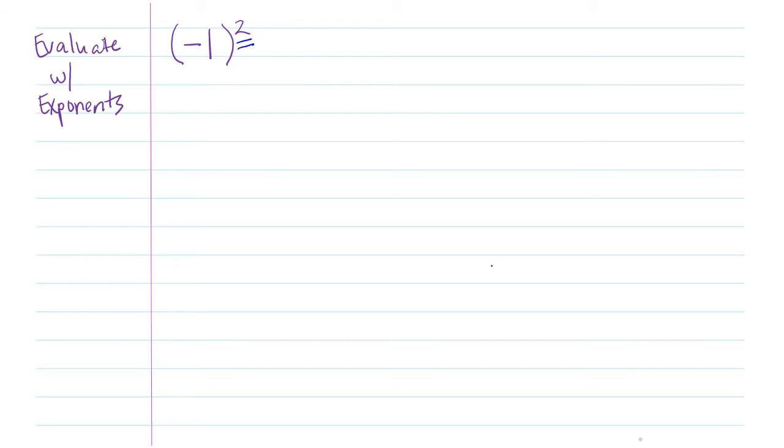What I will do is take negative 1 times negative 1. This is called expanding out. This means that I have two negative ones that I'm multiplying together. So I just expanded it out.